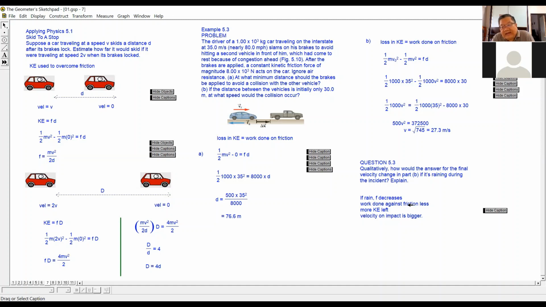That means more kinetic energy is left with the car. So when the car knocks against another car, it will do so with a higher velocity. So the velocity on impact is bigger. Or a very simple argument. Okay. Any question?